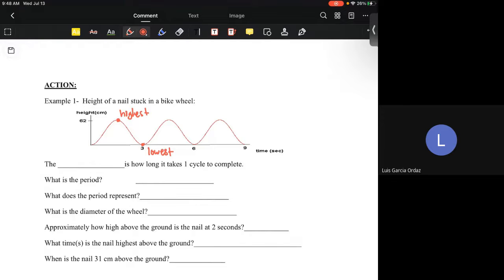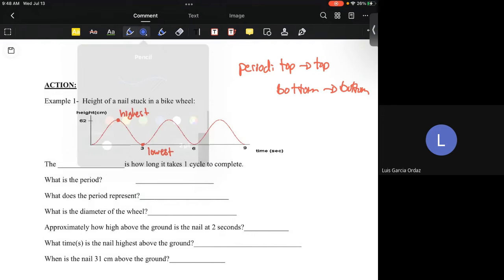So when it comes to a period, it either goes from top to top or bottom to bottom. So if we look at our graph over here, the top is over here and the top is over here, okay? Or we can look at the bottoms over here and the bottom over here.